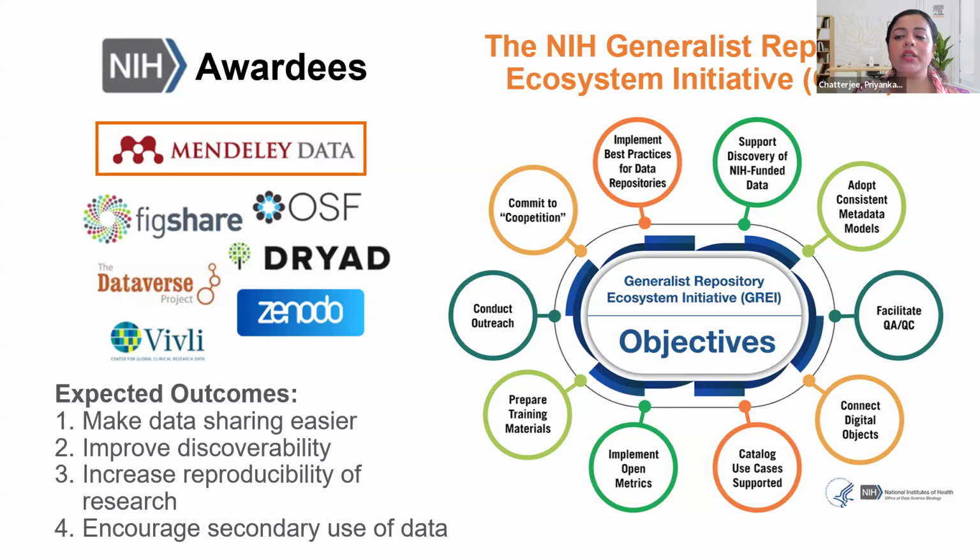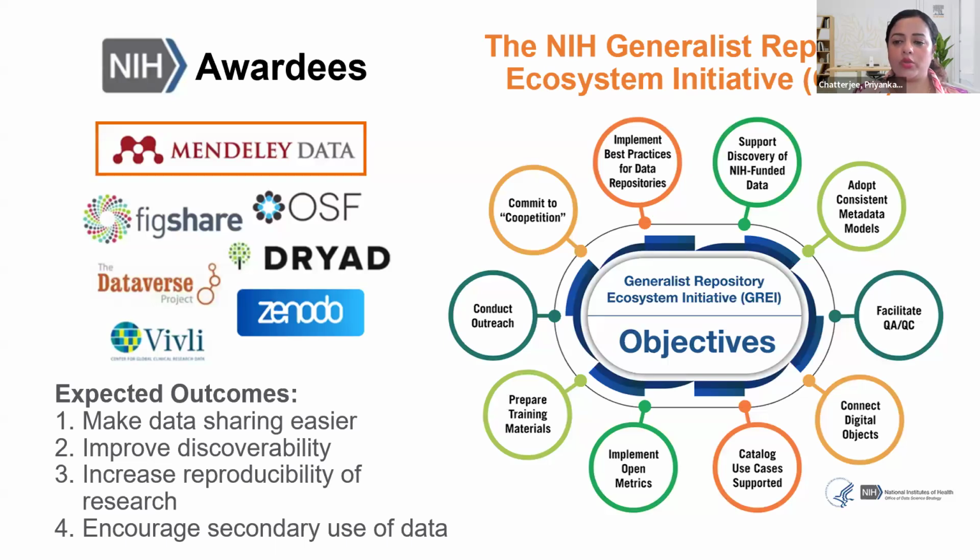It also encourages secondary use of data. That means once you have created the data and published your research paper, when you deposit your data in the repository, new incoming researchers doing research in a similar field will be able to reuse your data, creating more research outcomes in that particular discipline.